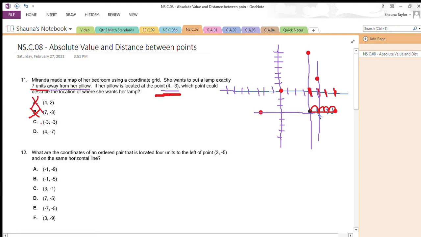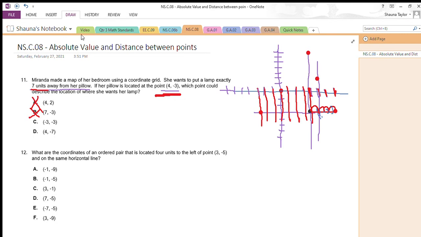So let's try negative 3 and negative 3. So from here, I'm just going to draw the lines down. And let's see if it's 7. One, 2, 3, 4, 5, 6, 7.